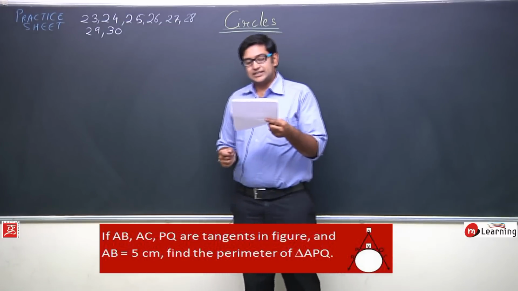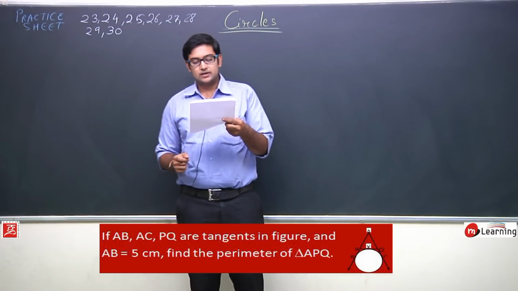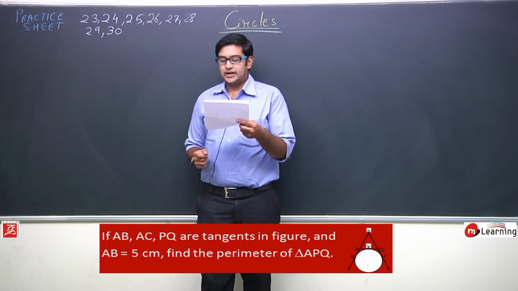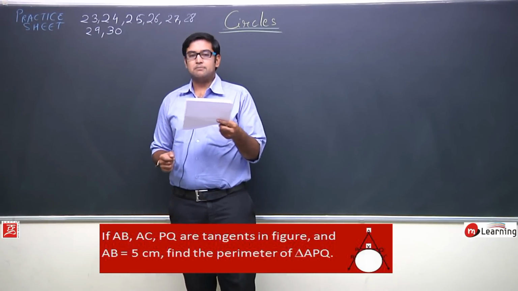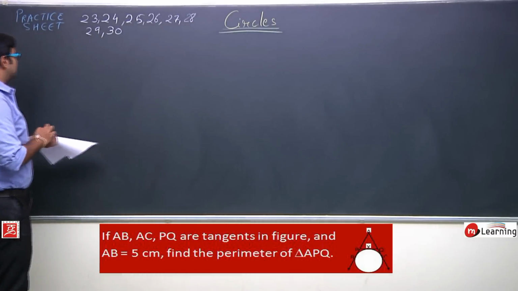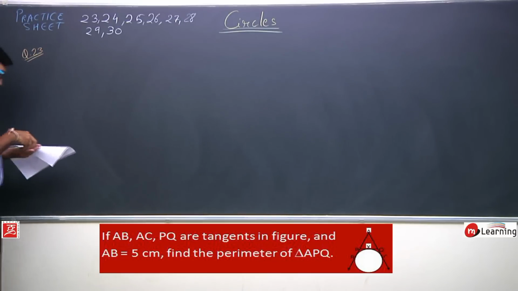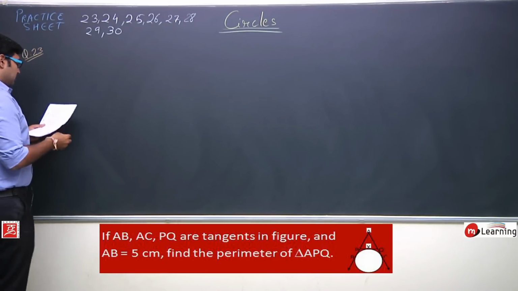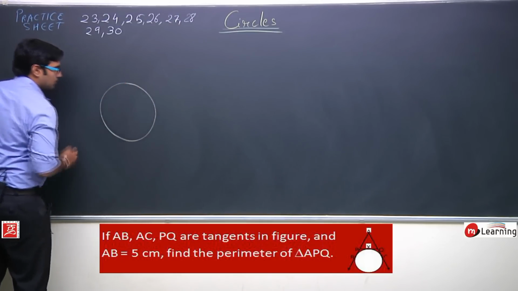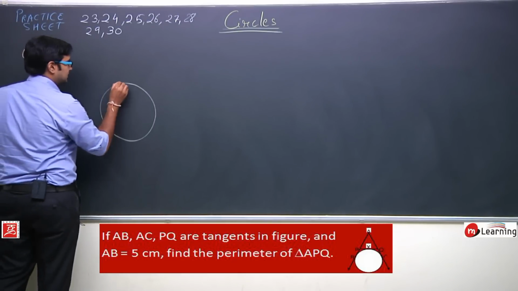Question number 23 says if AB, AC and PQ are tangents in the figure and AB is equal to 5 centimeters, find the perimeter of triangle APQ. There is a figure given in question number 23. The figure is very simple. There is a circle, and on this circle there are three tangents.